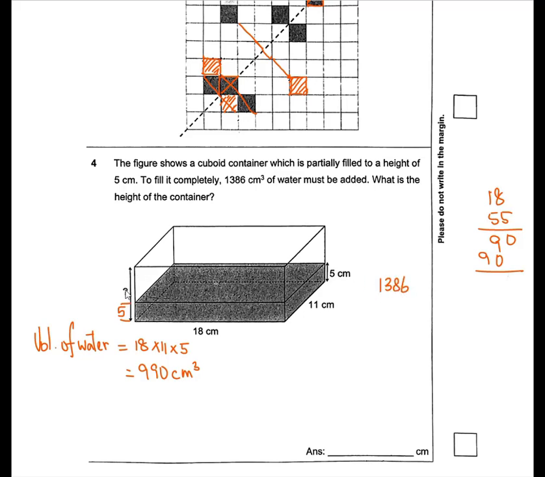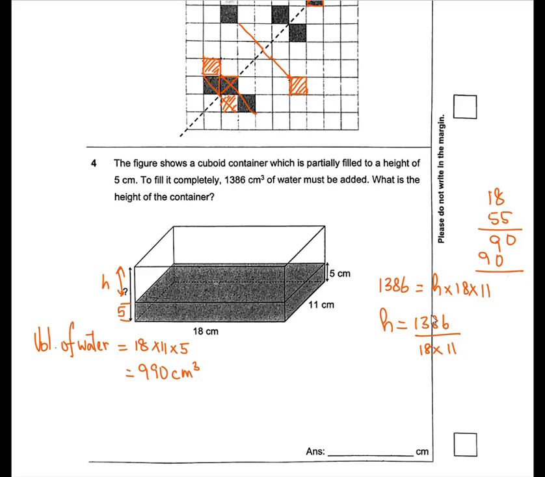That is the height, let me show the height as h, times 18 times 11. So 18 times 11 times h will be equal to 1386. So height of this should be 1386 divided by 18 times 11.